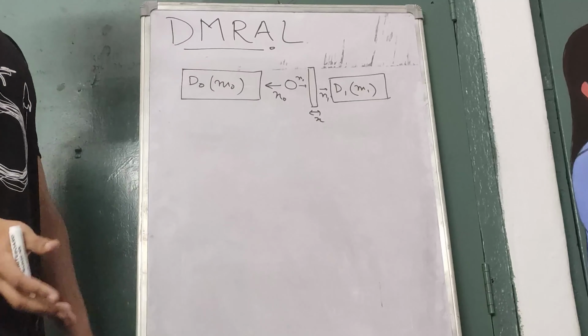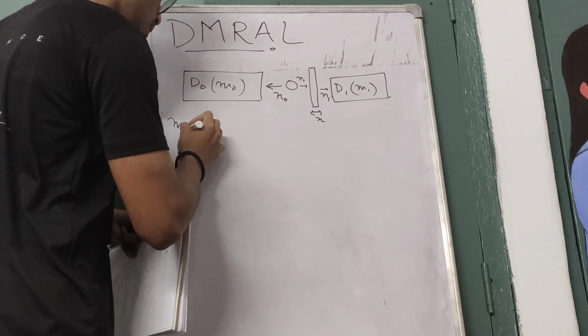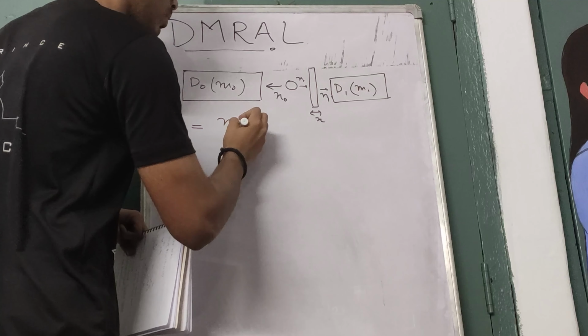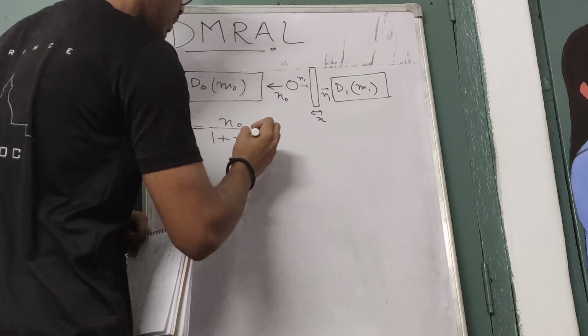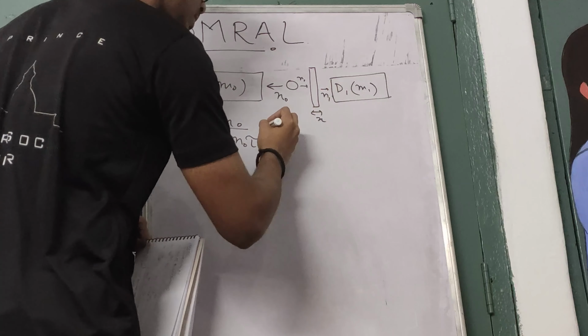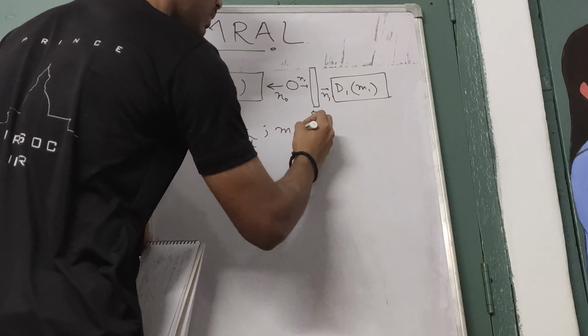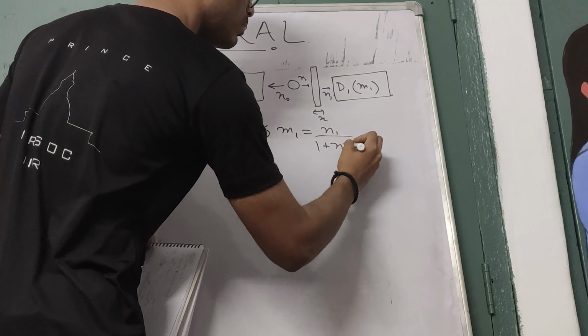So for the non-paralyzable model we know that M0 is equal to N0/(1 + N0 tau), and similarly M1 is equal to N1/(1 + N1 tau).